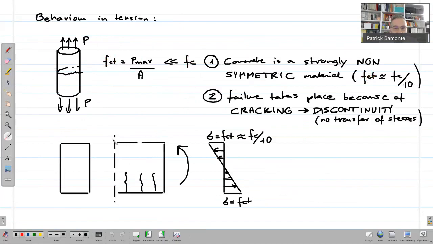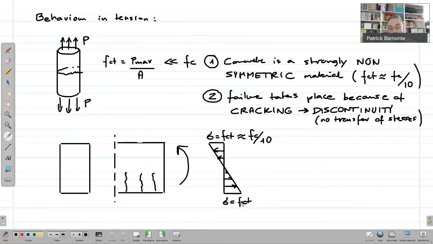This means that if you were to subject a concrete member to a load, if you think about the typical distribution of stresses in the elastic state, either you have to limit your working stress below the tensile strength of concrete, but this, I said, is not advantageous from the economic point of view, because you would have to choose bigger sizes just to make up for the low tensile strength.